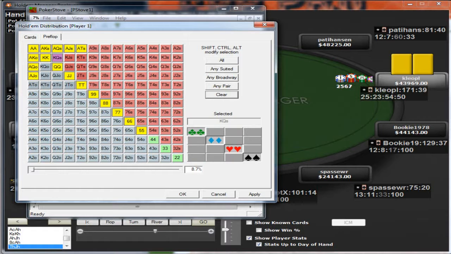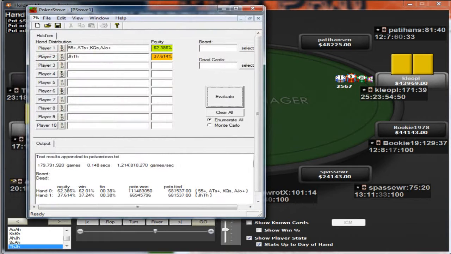This range gives us 8.7% of calls. If we put this range against our 10 jack of hearts, which is the hand we have, it tells us that we have 37.6% equity when we are called.